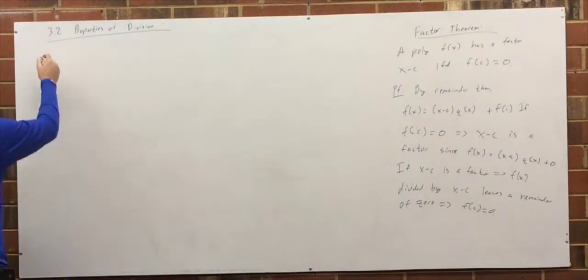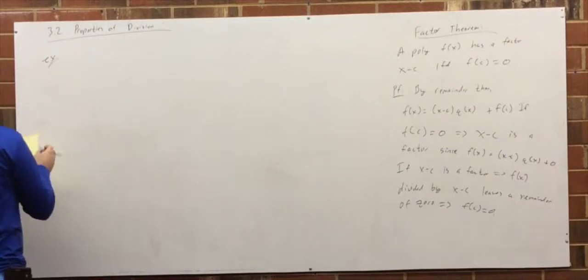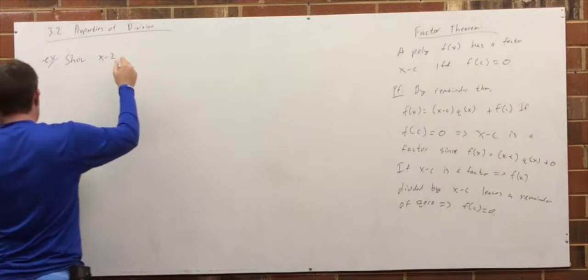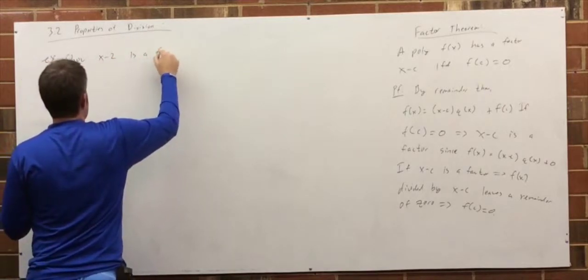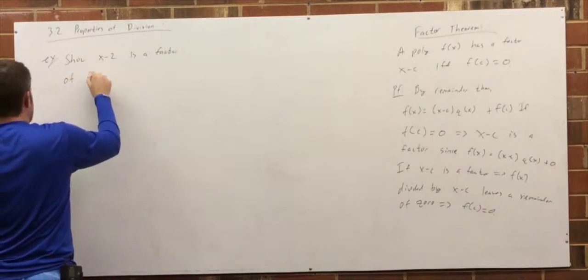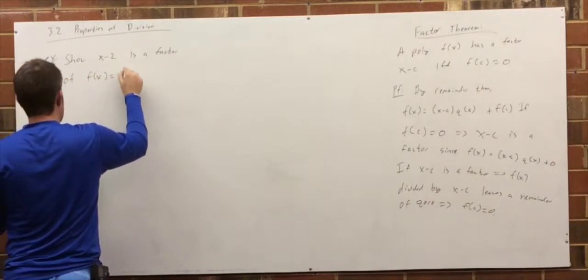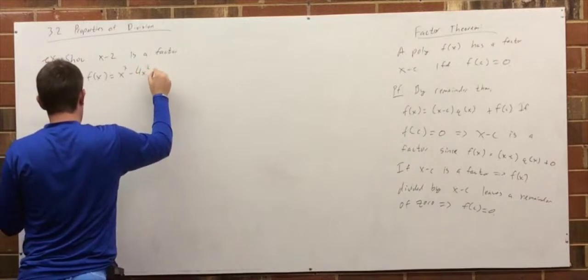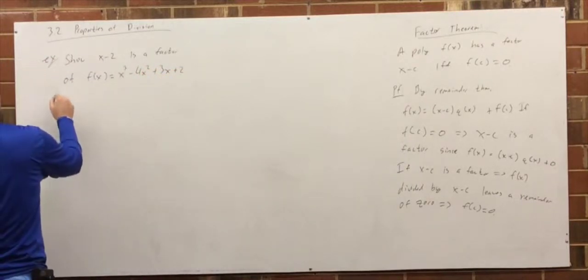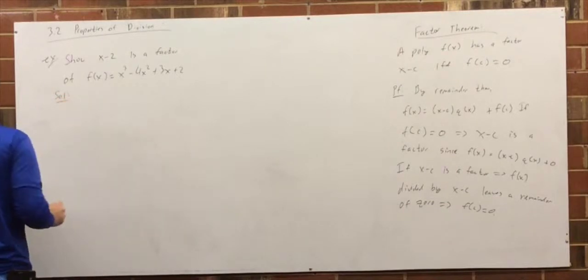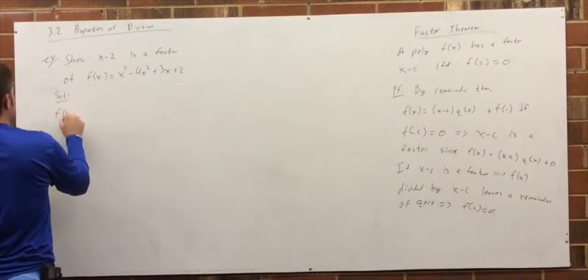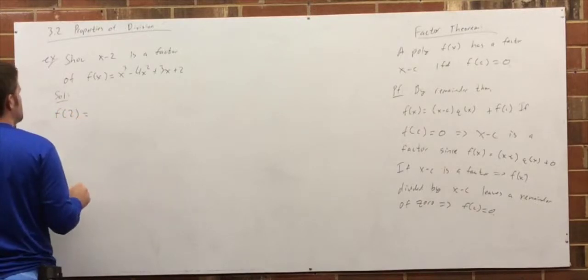Alright, example. Show x minus 2 is a factor of f of x equals x cubed minus 4x squared plus 3x plus 2. Alright, so here's our solution. Well, we know that f of 2 equals what?